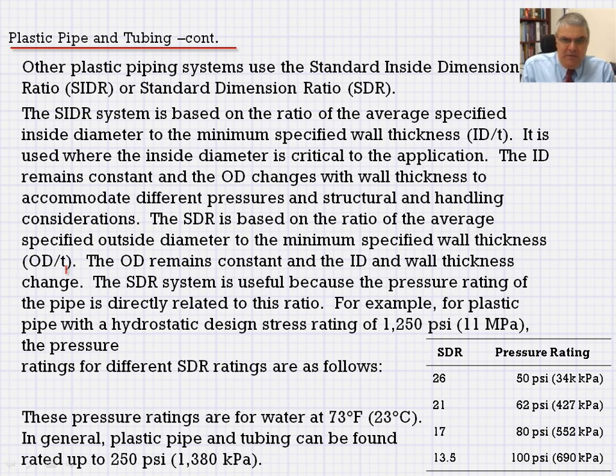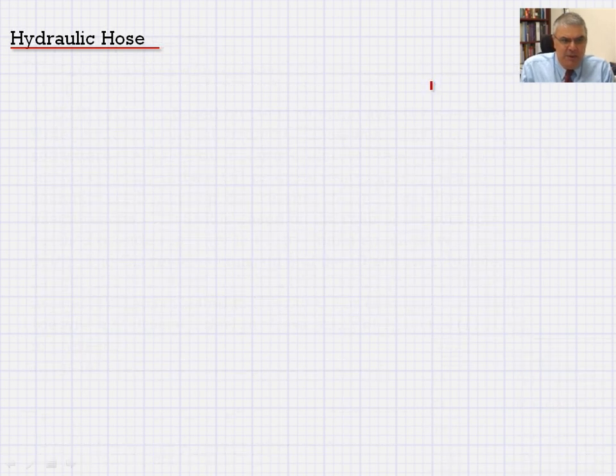So because it's a thicker pipe, of course the pressure rating would be higher, meaning that they can withstand much higher pressure, as it is shown here. The pressure ratings are for water at 73 degrees Fahrenheit or 23 degrees Celsius, and of course for plastic pipe and tubing, we can go as high as 250 psi or 1,380 kilopascal, as is shown here.